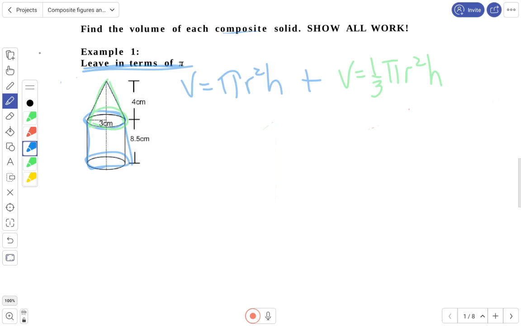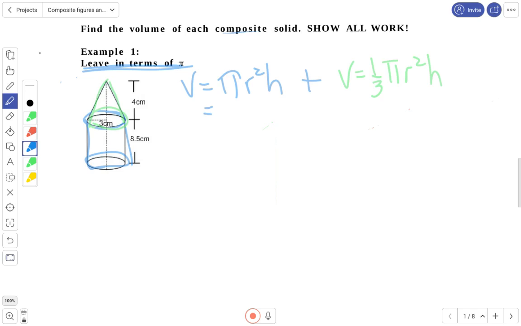And also, you don't want to hit the pi key until the very end of the problem, because if you round in the middle of the problem, it does affect the answer at the end, okay? So you want to hit that pi key at the very end so your answer is as accurate as it could possibly be. Okay, so continuing on with this problem, we're going to find the volume of the cone first.